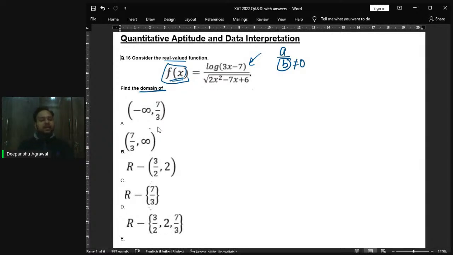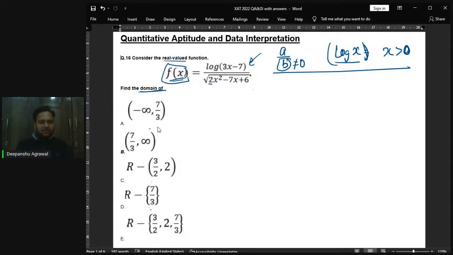And the second thing is that if the function is log of something, then for this to be a real valued function, the value inside the log should be greater than 0. Is this clear, students? Okay, so accordingly, we'll calculate.